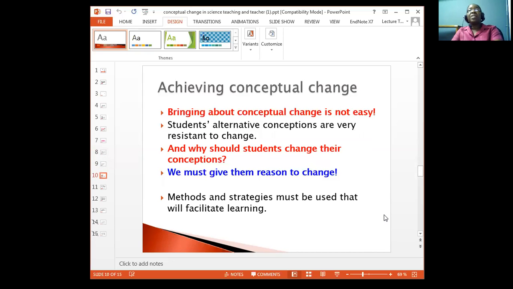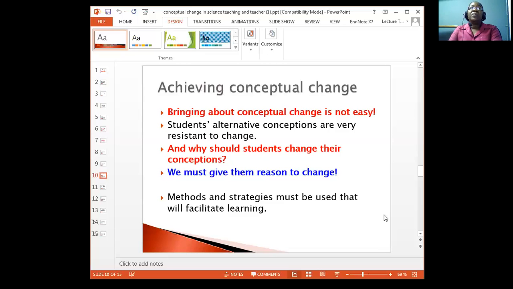All right, so this is a point that Ava was basically pointing out ahead, that bringing about conceptual change is by no means an easy feat. It actually can be a very, very difficult process. And part of that difficulty, as she said, is because the students' ideas are resistant to change.